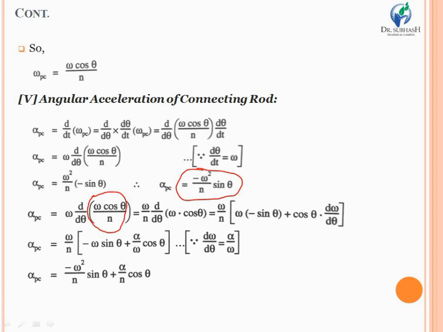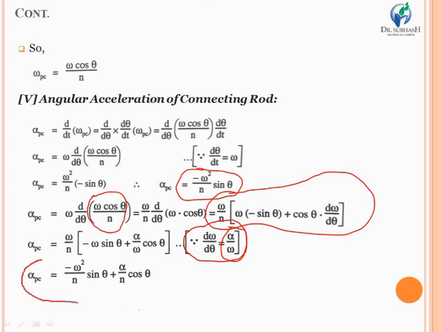By putting the values over here and differentiating that relation, you can have omega upon n in bracket omega into minus sin theta plus cos theta into d omega upon d theta. Again, by simplifying, you have omega upon n into minus omega sin theta plus alpha upon omega into cos theta, because we know that the rate of change of angular velocity with respect to angular displacement is always the ratio of angular acceleration and angular velocity.